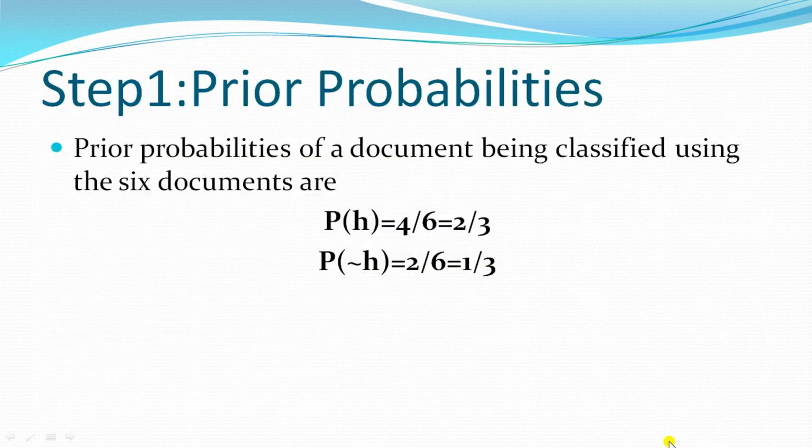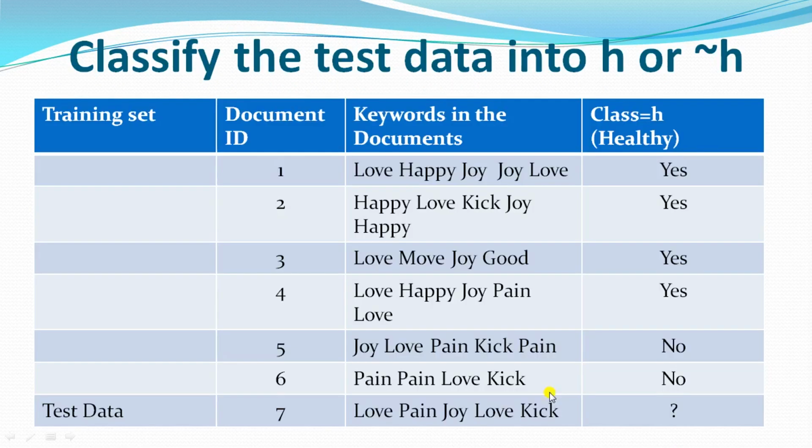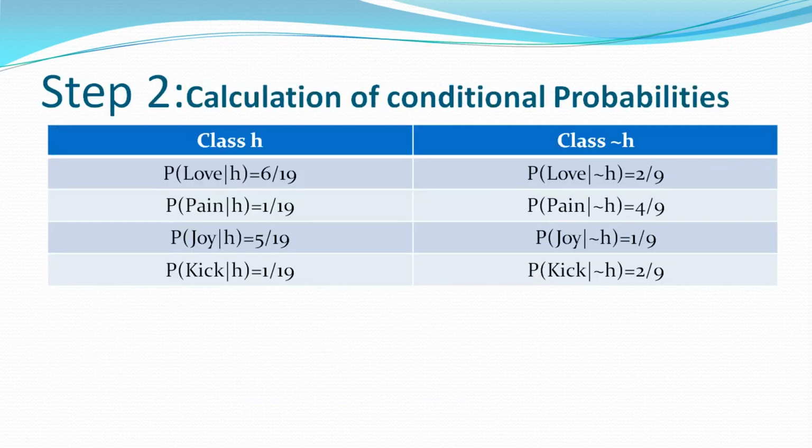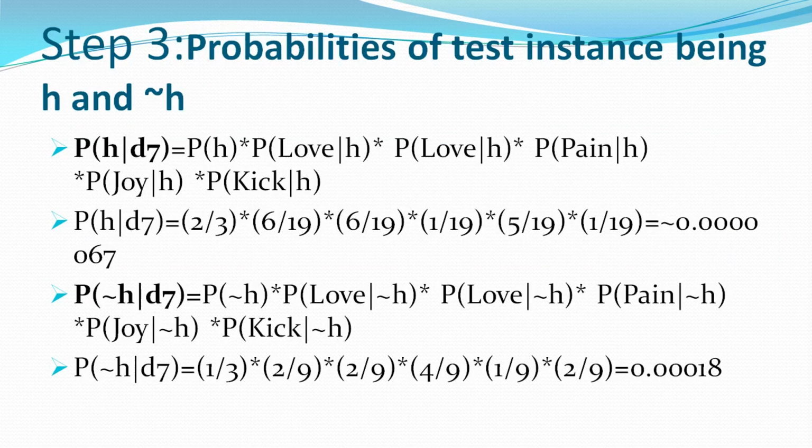It's quite simple. Based on probability, what happens? I will just summarize. First we calculated the prior probability of both the class H and class negation of H. Then we calculated the conditional probability of class H and class negation of H. In this one, we just calculated frequent occurrence of these particular terms. Terms may be love, pain, joy, kick, multiple terms were there. In that, frequency of occurrence with respect to class H and class negation of H has been calculated here. In step 3, we just applied a formula.